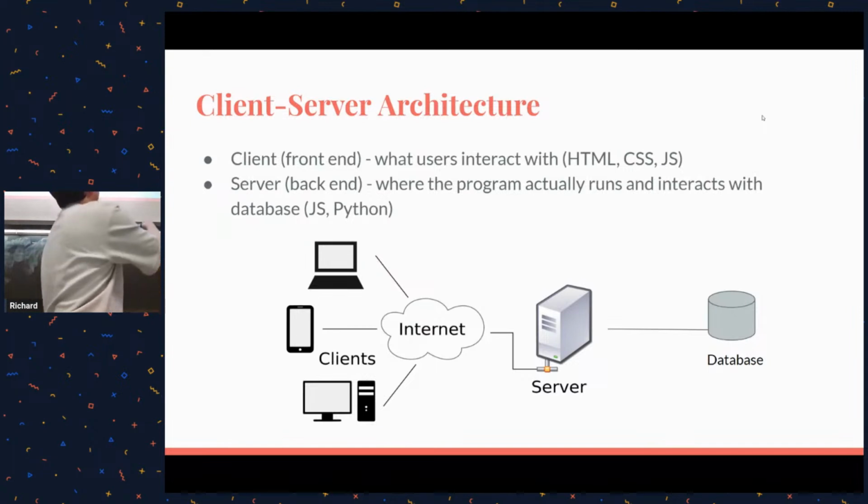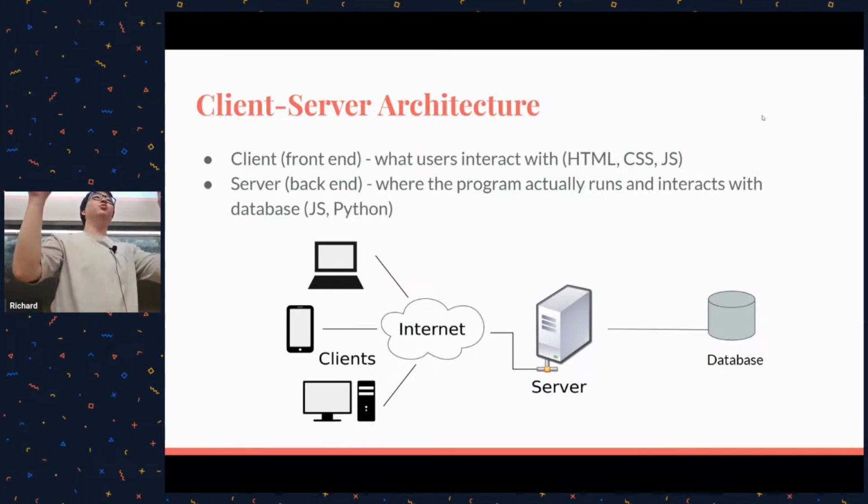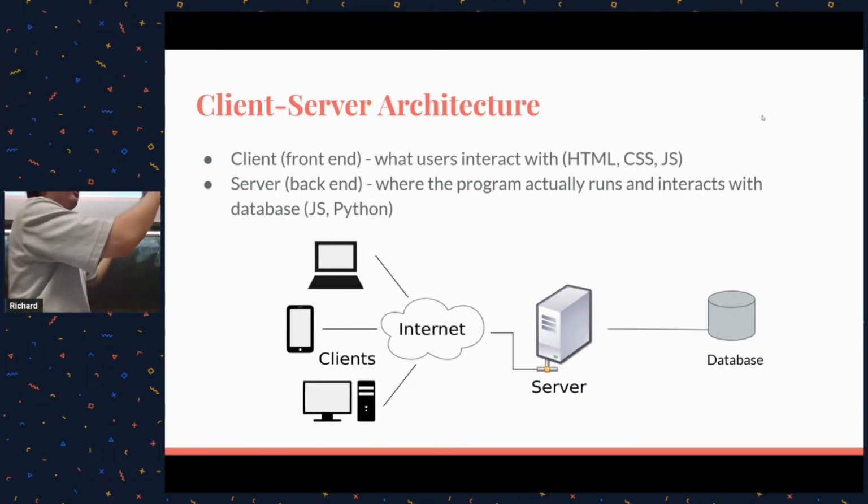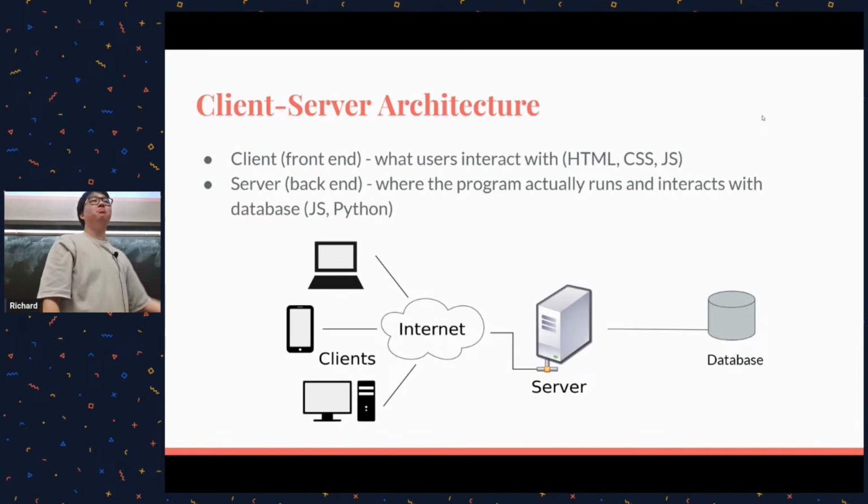Any information that you want saved doesn't get saved directly on the server. You will have a separate thing called a database where all the information goes in. Some popular databases you may have heard about are MongoDB, or SQL.